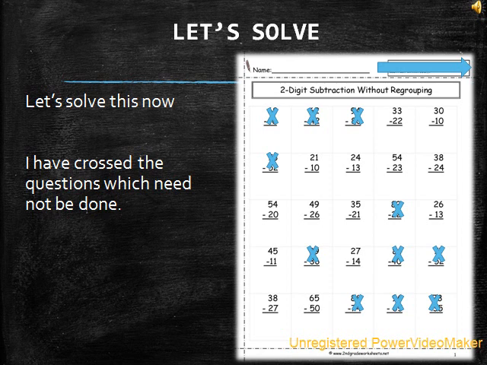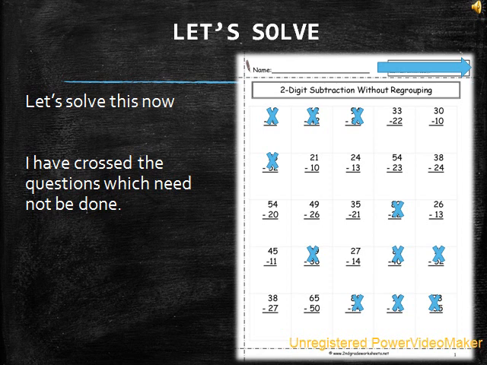So in this class, till now we have done addition and subtraction, which you have already studied. I think subtraction is clear to you now. Let's take one example. First example is 33 minus 22.